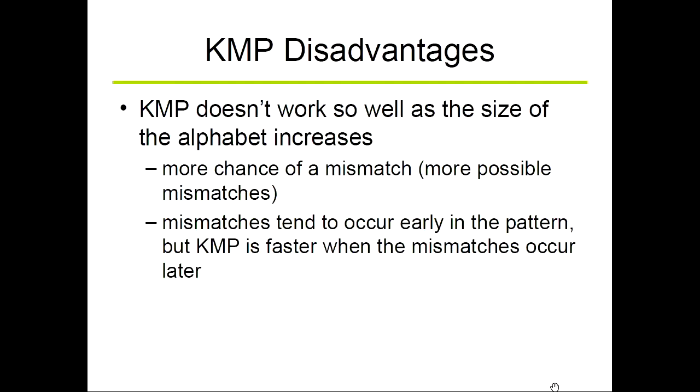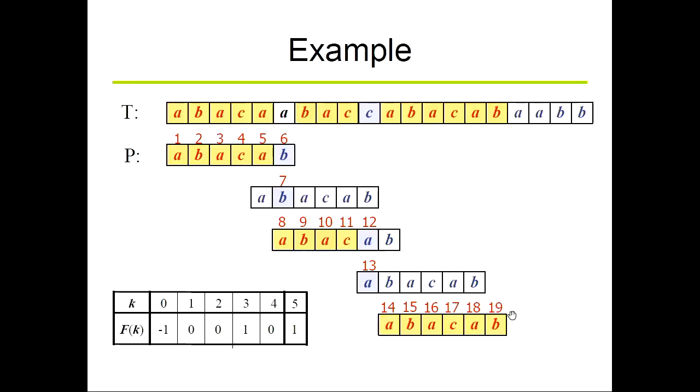Now the disadvantage: if the size of the alphabet increases, it does not work so well. Why? Because if the size of the alphabet increases, there's more chance of a mismatch happening earlier. You don't like it happening earlier, because if the mismatch happens later, you shift the whole pattern. So you want a mismatch later.